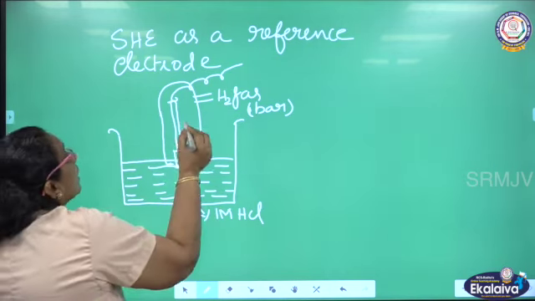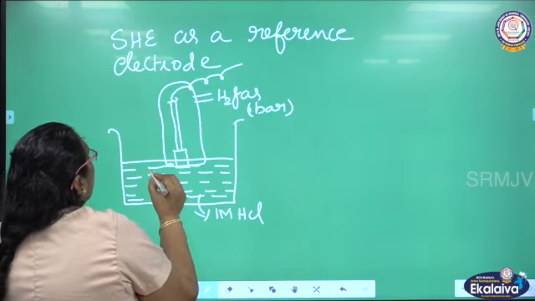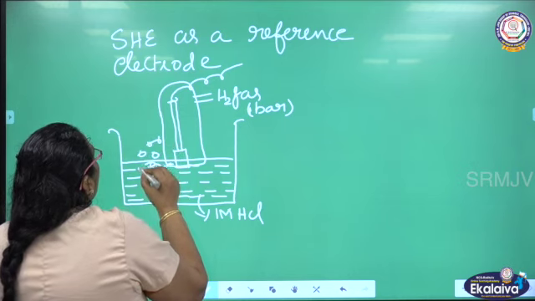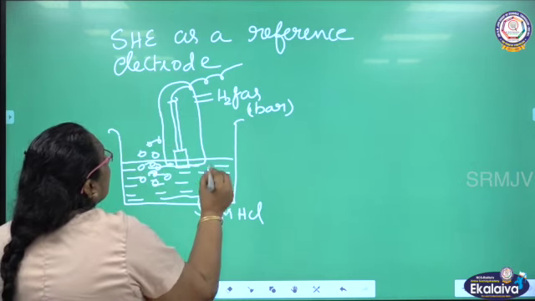So what is happening here? Hydrogen gas is bubbled through the glass tube. As a result, we can see two different types of reactions taking place.